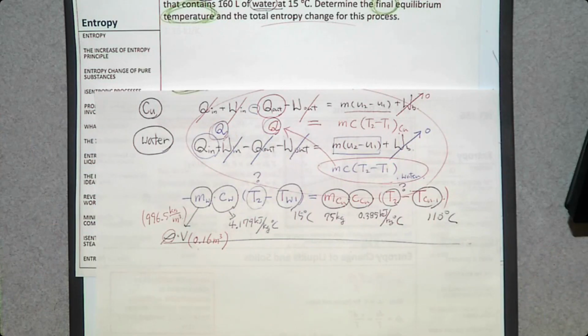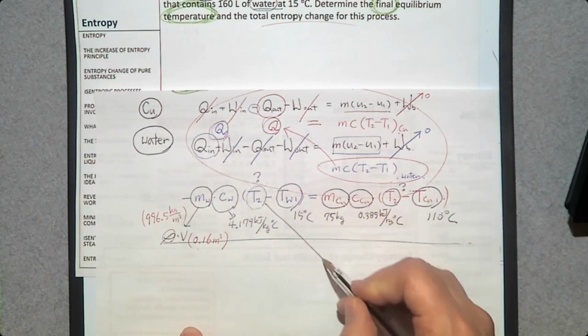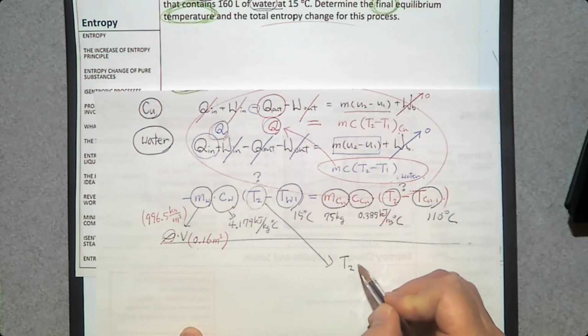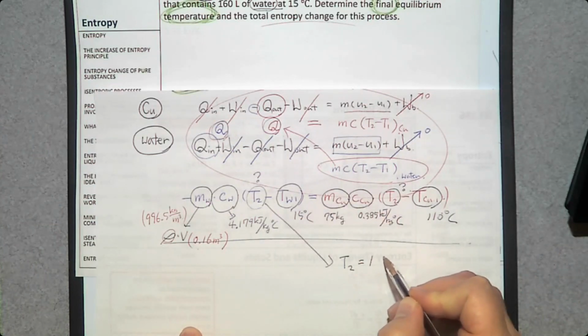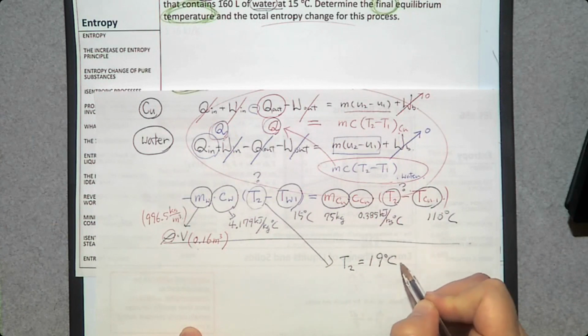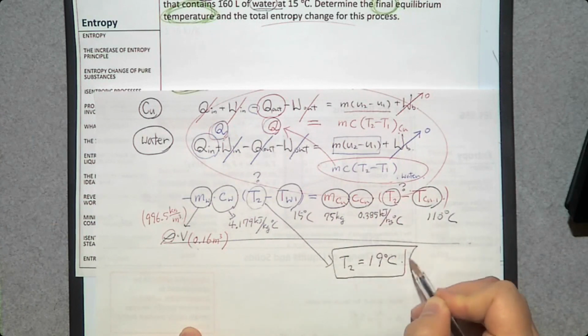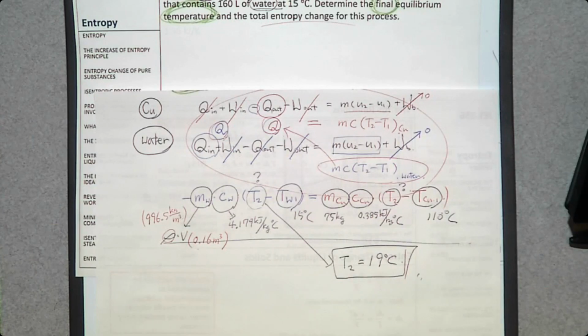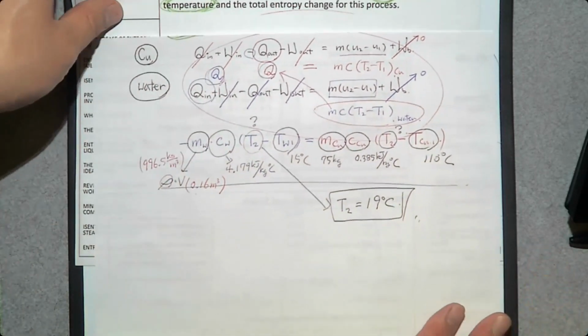When it is in thermal equilibrium. So you can solve this equation to determine T2. If you do, you get 19 degrees Celsius. So that's how you determine the final equilibrium temperature of this copper dropped into water.